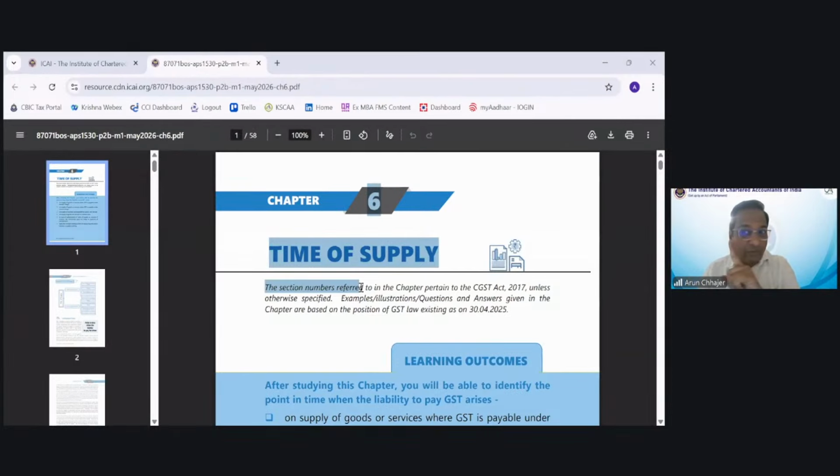Correctly told, the 30 or 45 days concept will be applicable. What is the time limit to issue the invoice? We all agree, if it is goods, then date of removal. And if it is services, then I can issue the invoice within 30 days. And in this example, can you please tell me whether the invoice was issued within time or after the time?